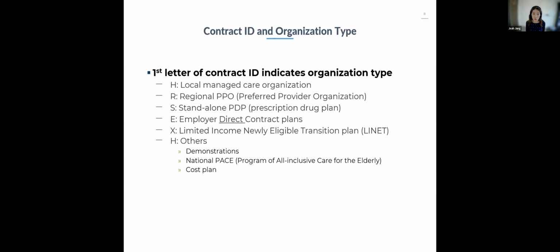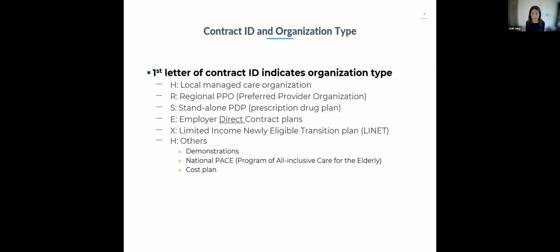Here H is local, but H is a little bit tricky because H includes both local managed care organizations as well as some unique other types of plans such as demonstration plans, national PACE, or cost plans. Unless you are specifically interested in these types of plans, we usually don't analyze them, but their contract ID starts with H as well.